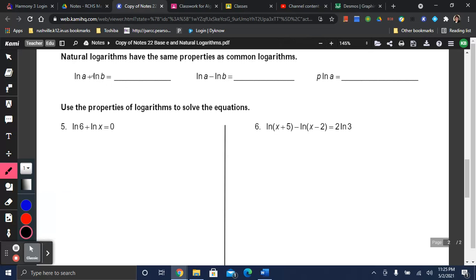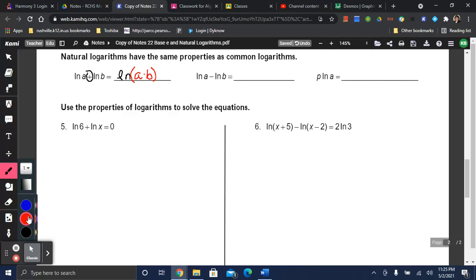So addition would convert to a single logarithm with multiplication. So it would be the natural log of a times b. So a single logarithm multiplying the a times the b.